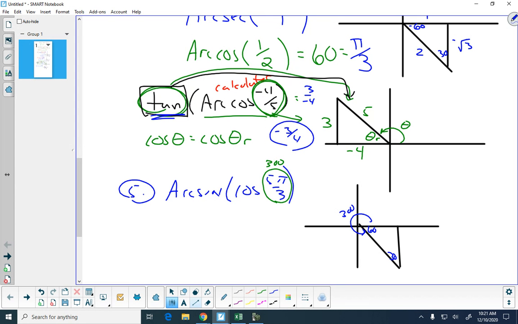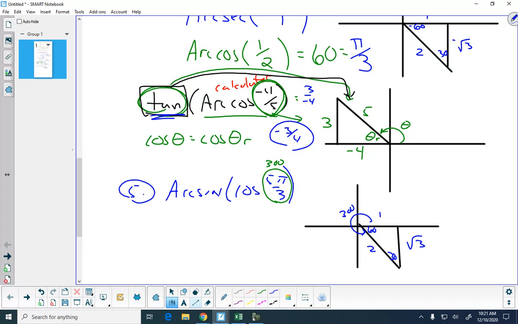Go ahead and put them in if you haven't. One is across from 30 again, 2 is the hypotenuse, square root of 3 across from 60. Look for any negatives.